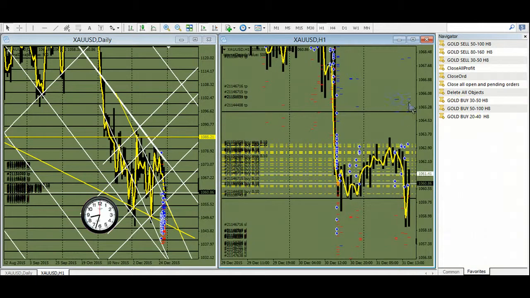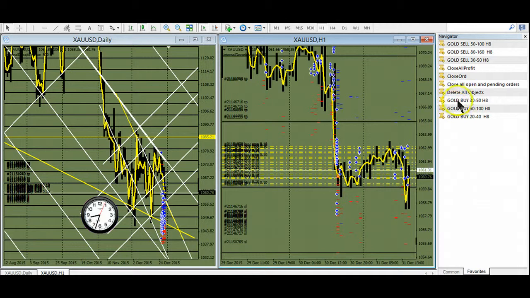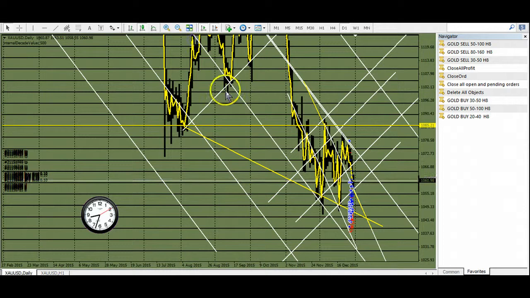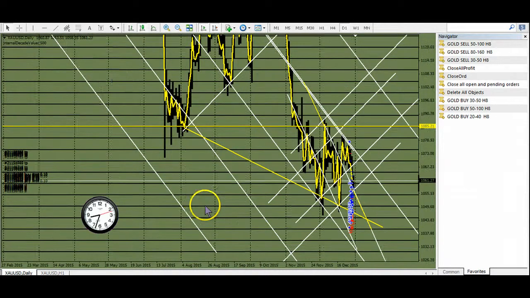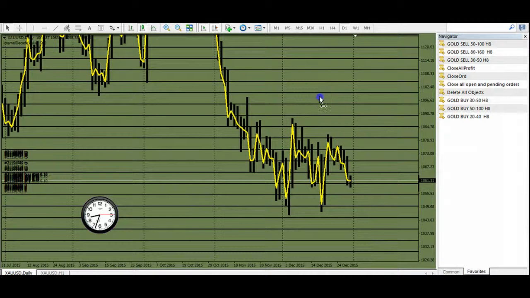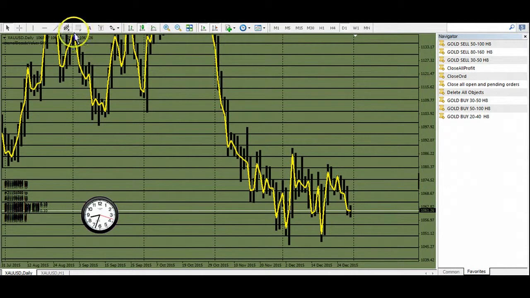And here's my gold trade. Buying on stops here, looking for a severe rally in gold. I built a cage around it here. This is the daily chart. So I like geometry.